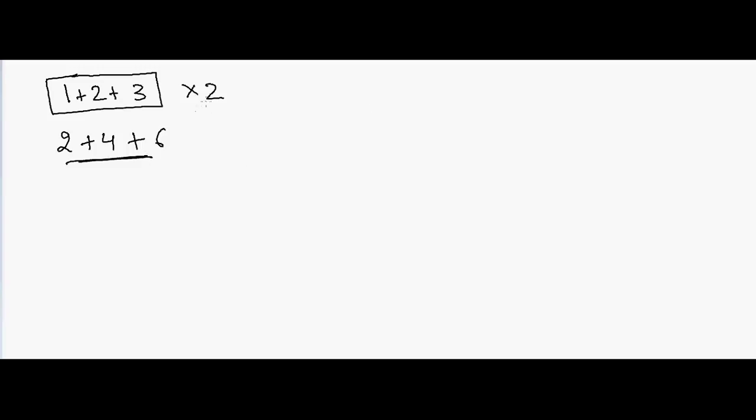If you take a regular series and multiply by 2, it becomes an even series, right? We know that the formula for the series is n into n plus 1 divided by 2, and if we multiply this by 2, then the result will be n into n plus 1.